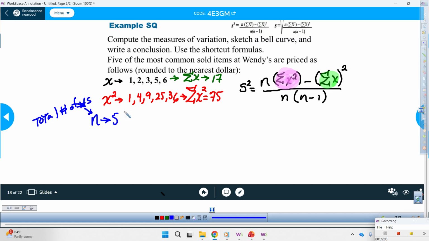So now that we have all our components, we're going to substitute into the formula for the variance. So write s squared equals blank, parentheses, minus, parentheses, squared, over blank, parentheses, blank, minus 1. Start with n. N is 5.